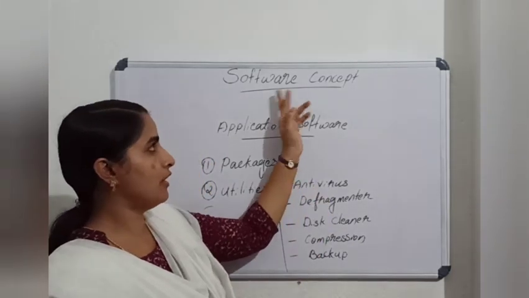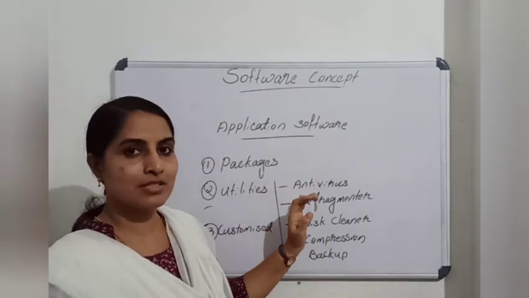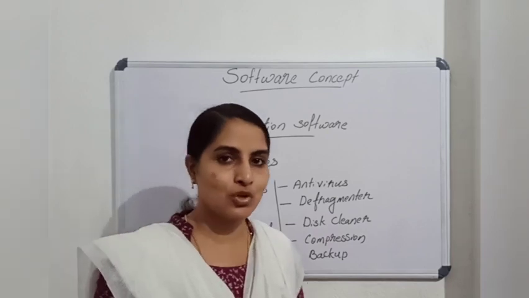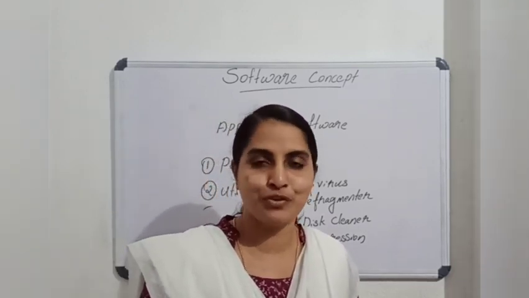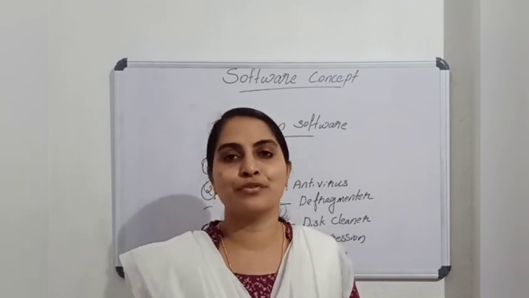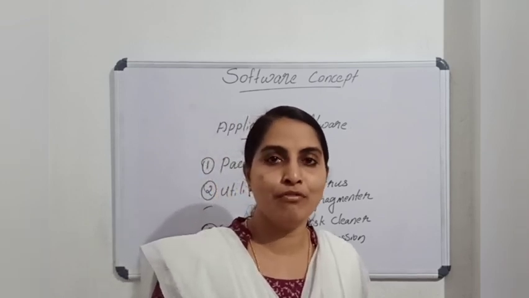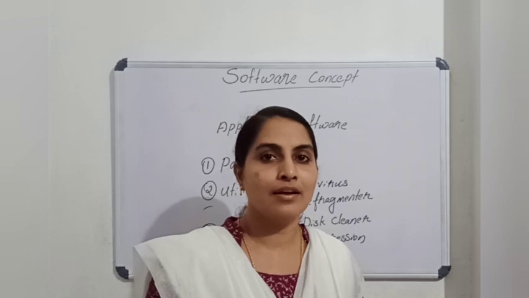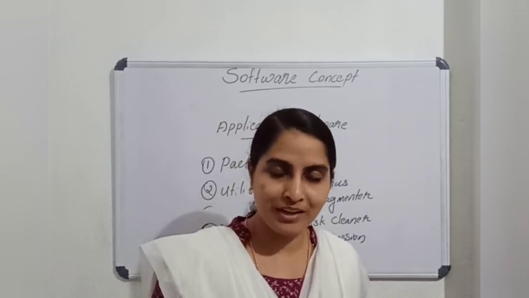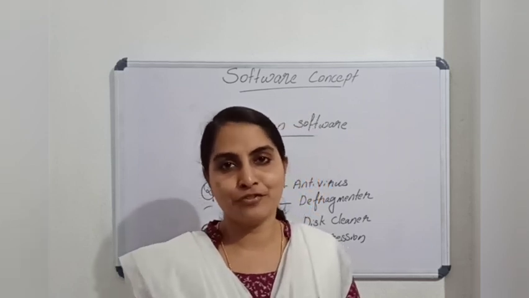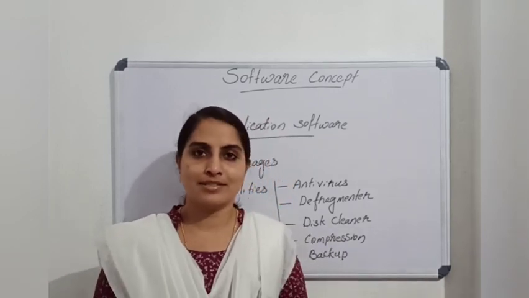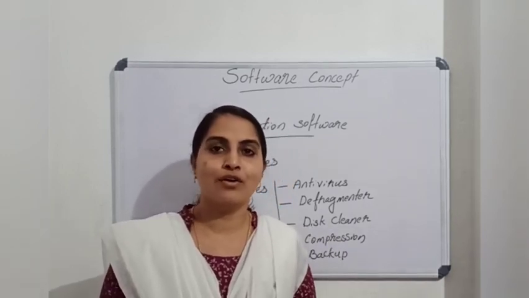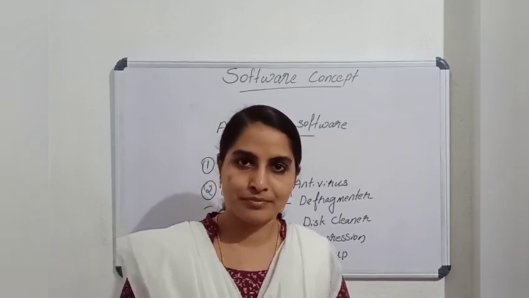So today we have learned what is software, what is hardware, and what the different types of software are. Can you say what the different types of software are? System software and application software. System software can be of two types mainly: operating system and language processors. Language processors can be assembler, compiler or interpreter.